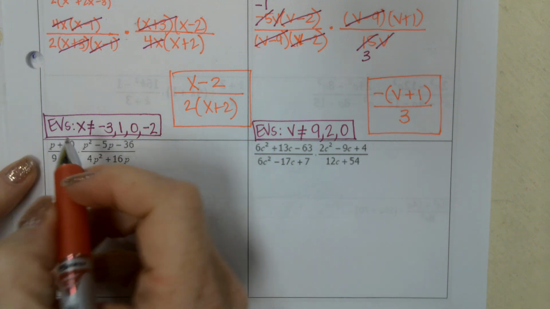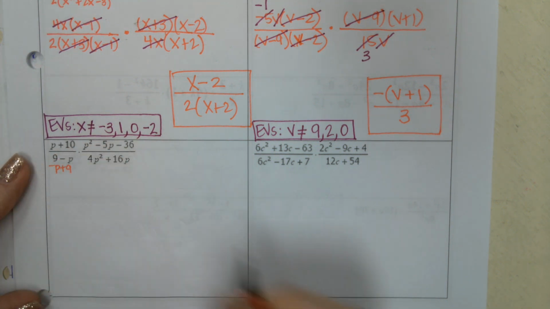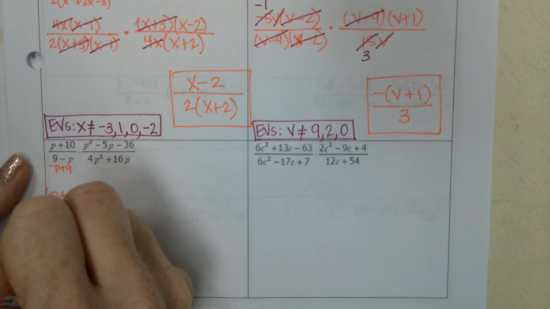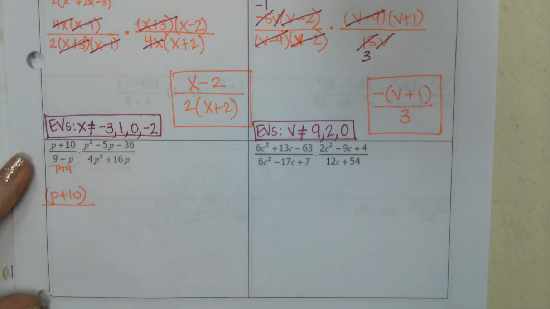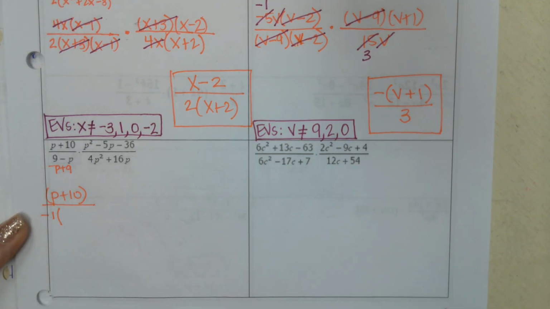All right, I don't like this denominator. So I'm going to flip the order around. My numerator stays exactly the same. I can't do anything to that. But my denominator, I can factor out a negative 1.